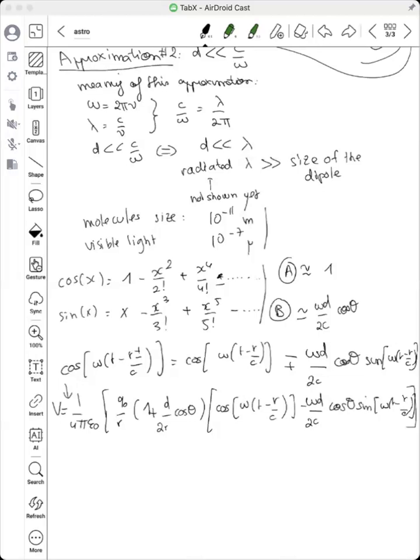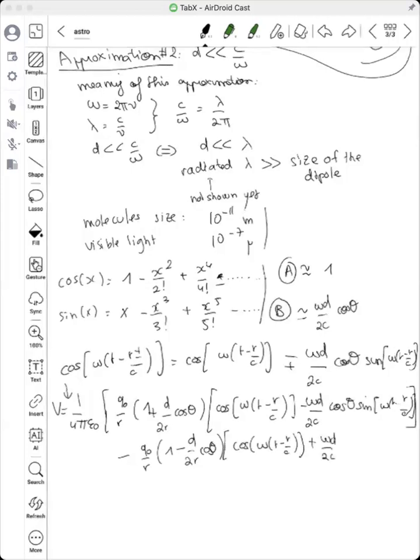This is the first term with R plus. And I also have a second term: minus Q0 over R, 1 minus D over 2R cos theta, cosinus omega t minus r over c, plus omega d over 2c cosinus theta sinus omega t minus r over c. So these are the two terms I had.